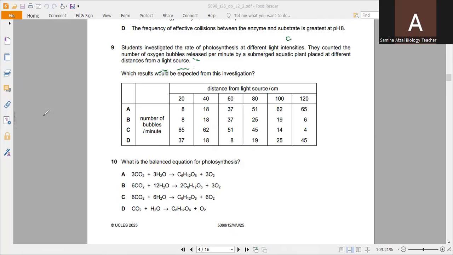So here you can see the distance from the light source: 20 centimeters, 40, 60, 80, 100 and 120.